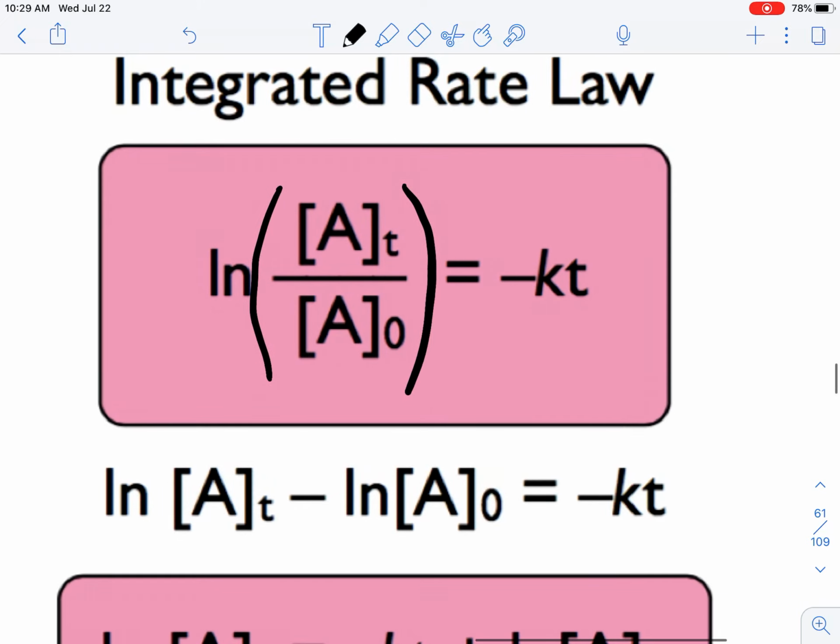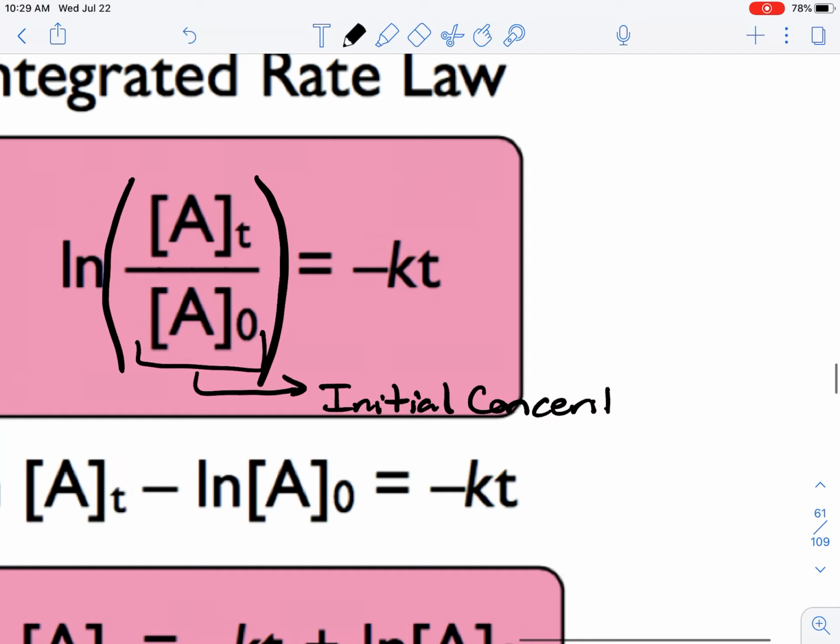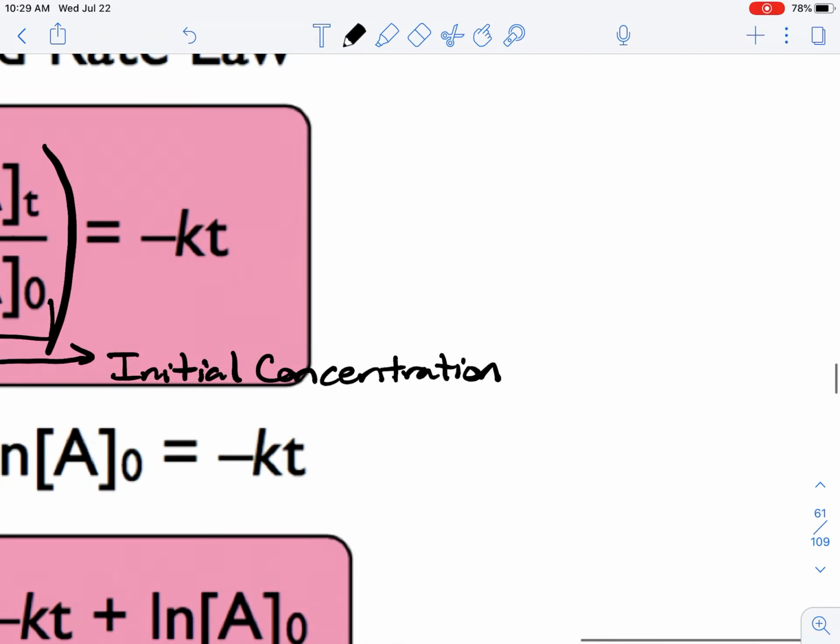All right, so looking at the denominator, this denominator is describing the initial concentration of that specific reactant. And so in terms of a percent, you guys can think of the initial concentration as 100%.